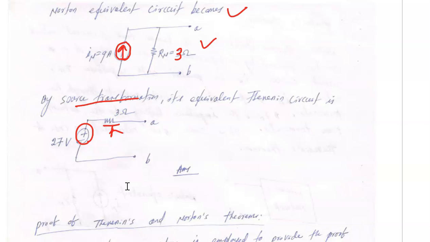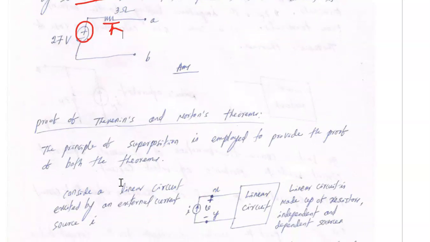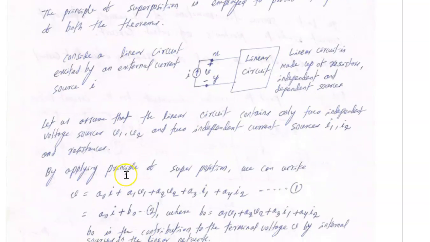We have discussed many questions previously, so you can go through those questions in the last video, apply Norton's theorem there, and match your answer with the Thevenin results which we calculated before. We will not discuss the proof of Thevenin's and Norton's theorems.